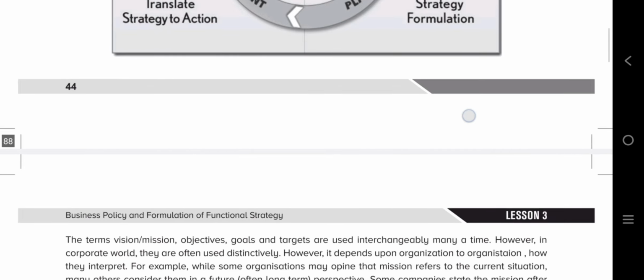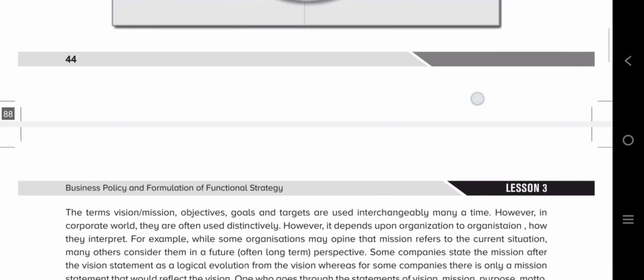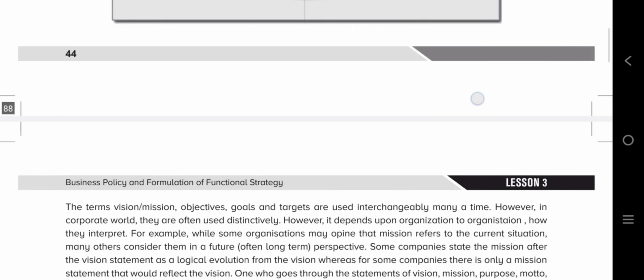Mission statement is an enduring statement of purpose that distinguishes one from other similar firms.